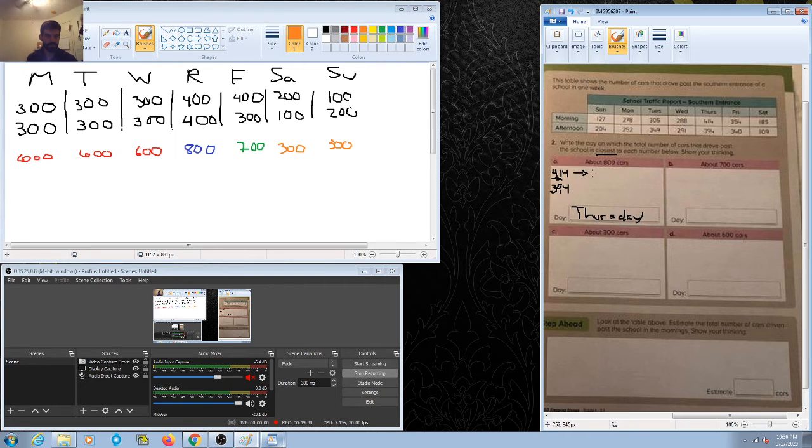This will round to 400. 394, we look at that place value in question, look to the right. That will round up to 400 as well. We get that sum of 800.